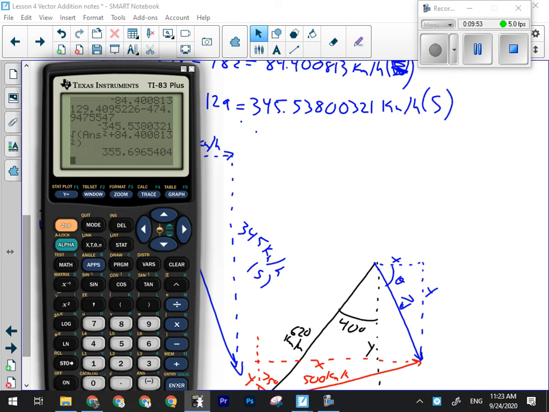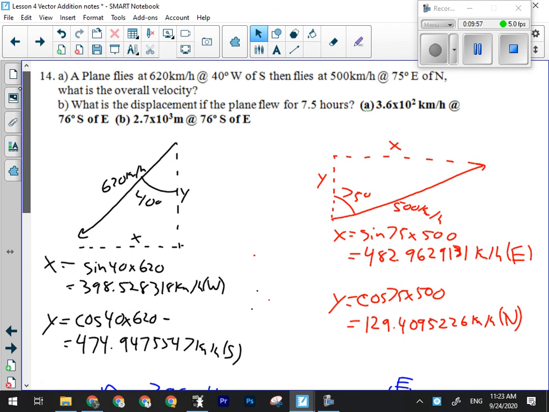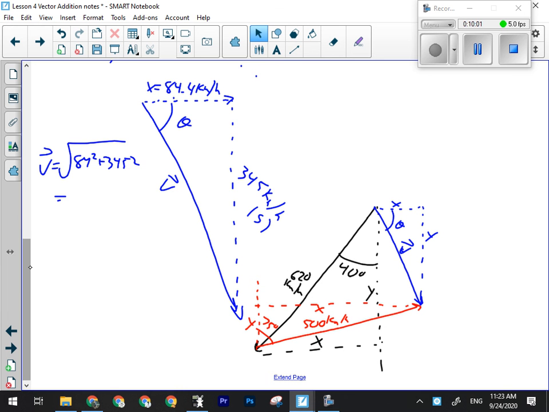I think I only have two significant figures here, right? Yes, just two. So I'm going to have 3.6 times 10 to the 2 kilometers per hour, and then I've got to find my vector.